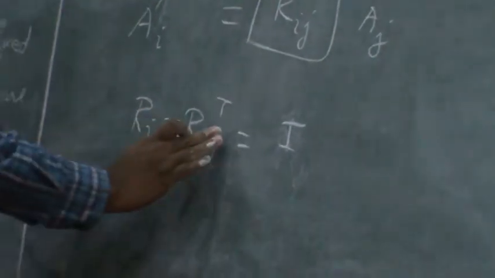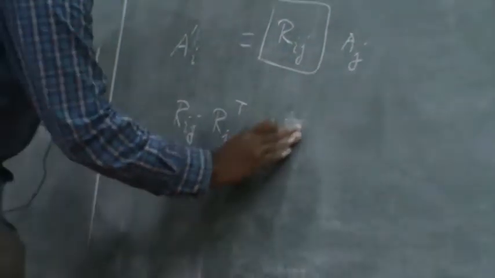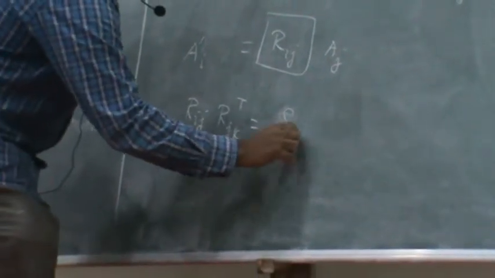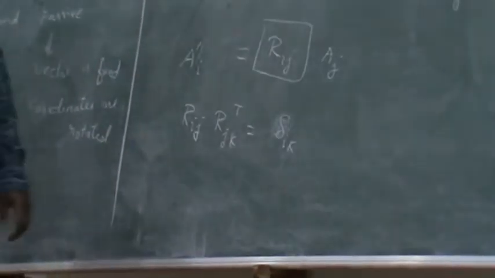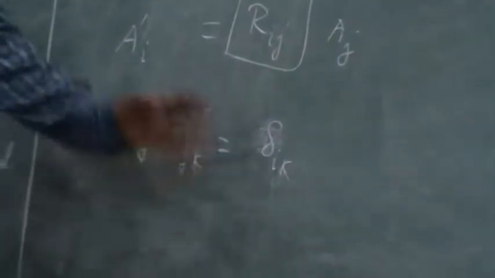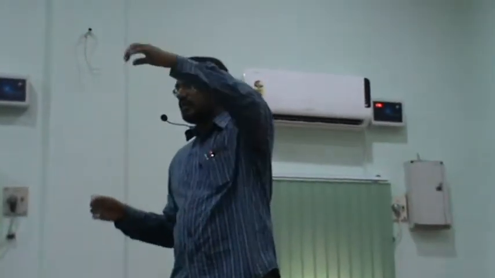I can put K and then I can say this is delta ik. And which index here is summed over? J is summed over. And when i is equal to k, that means only diagonal entries. For the identity matrix, the diagonal entries are 1. So I have used the Kronecker delta for this.